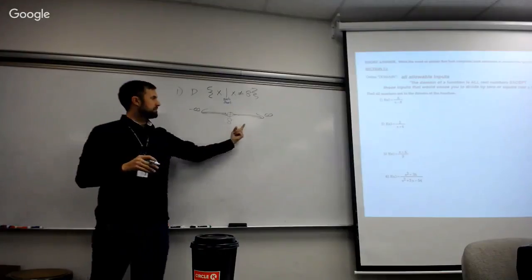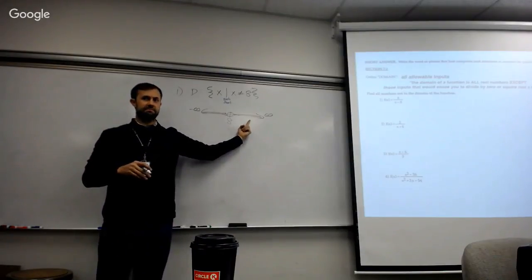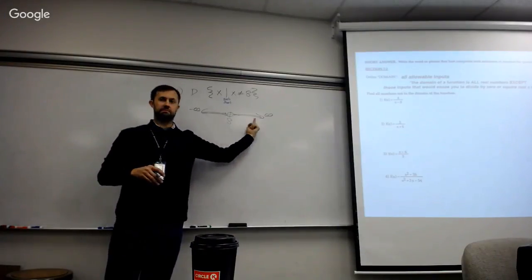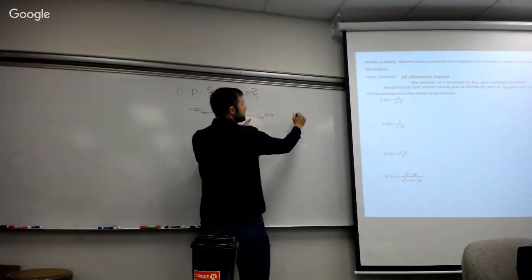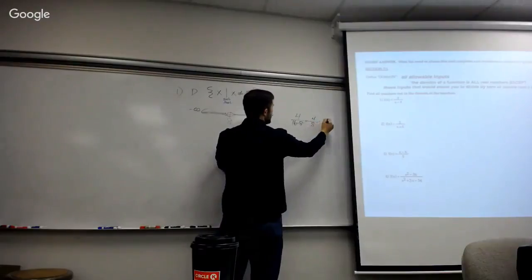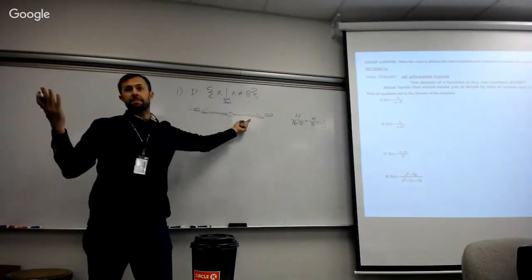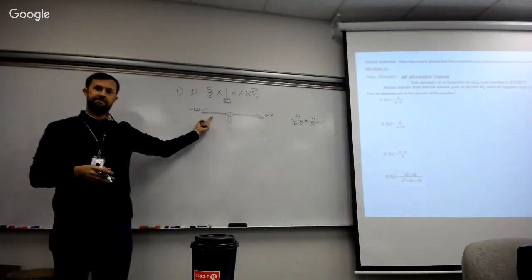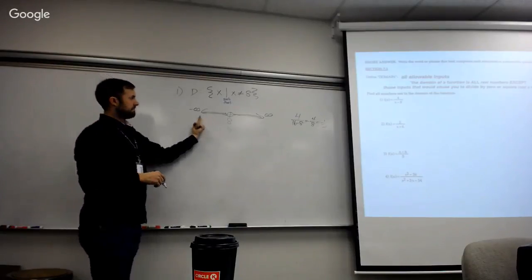So please, someone choose a number over here. Nathan? 16. Okay, 16. I can compute 4 over 16 minus 8, which is 4 over 8, which is 1/2. So indeed, I got a value. Someone choose a value over here. Sino? -4.